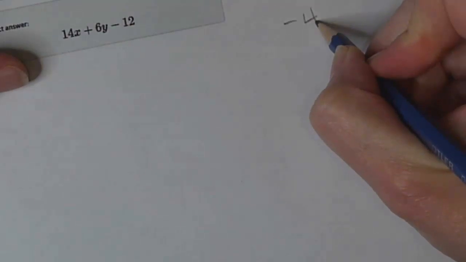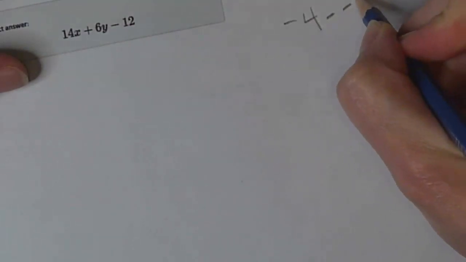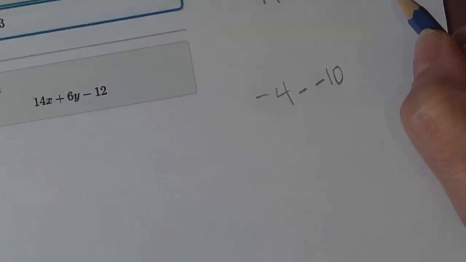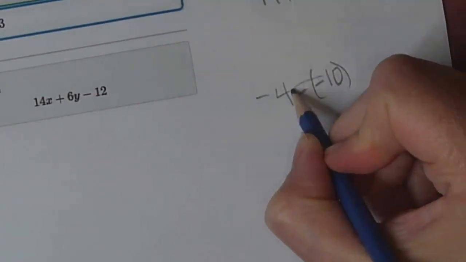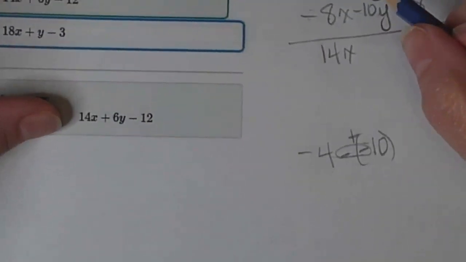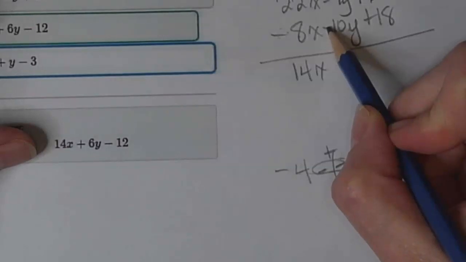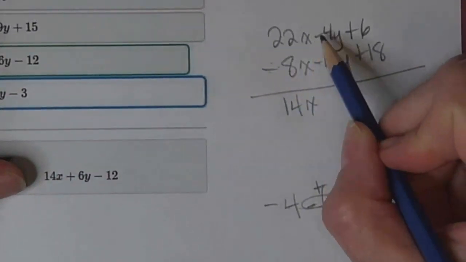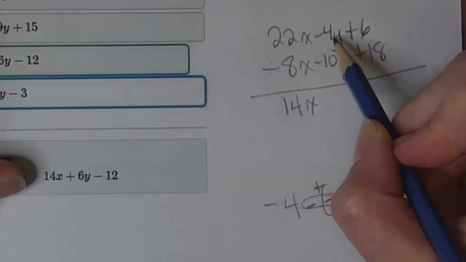Negative 4 minus negative 10 is really like saying negative 4 plus 10. Remember that. Two negatives become a positive. That's weird, but that's how it works.